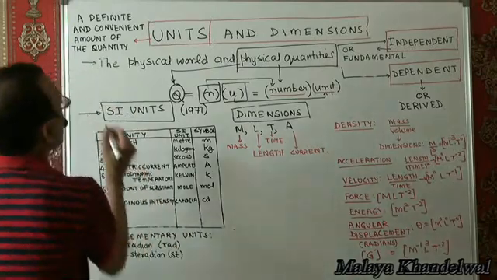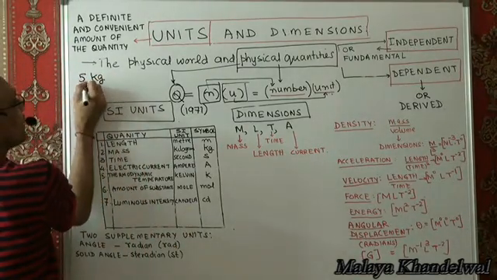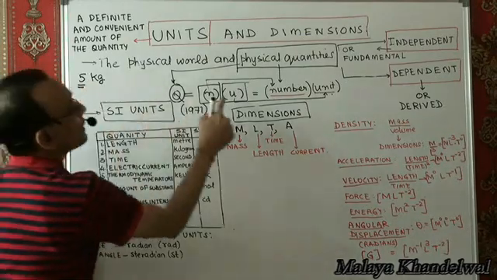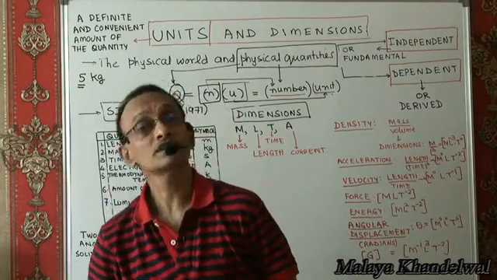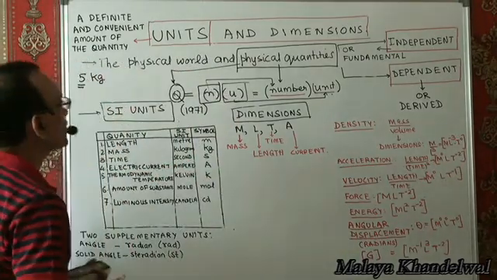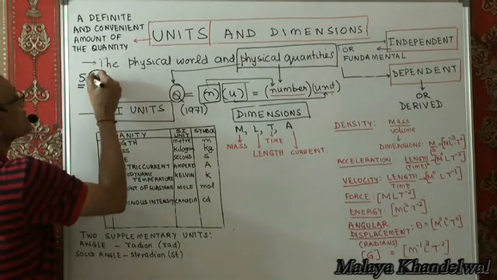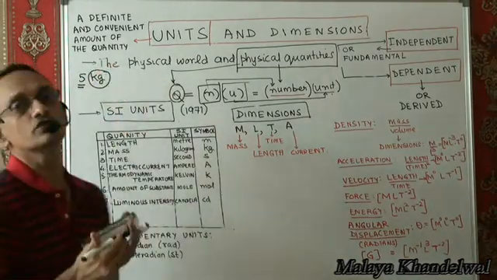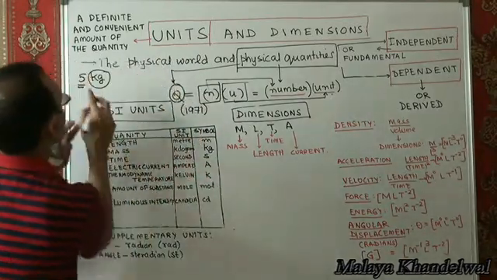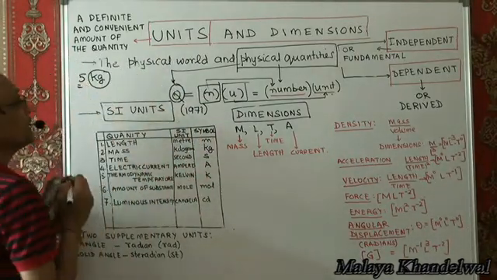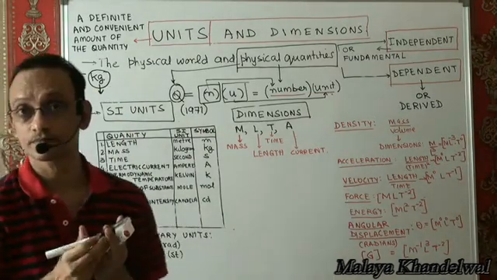For example, if I say 5 kilograms, 5 is the number n and kilogram is the unit u. Now, what is important is that if I change this unit kilogram, then this number n will change.